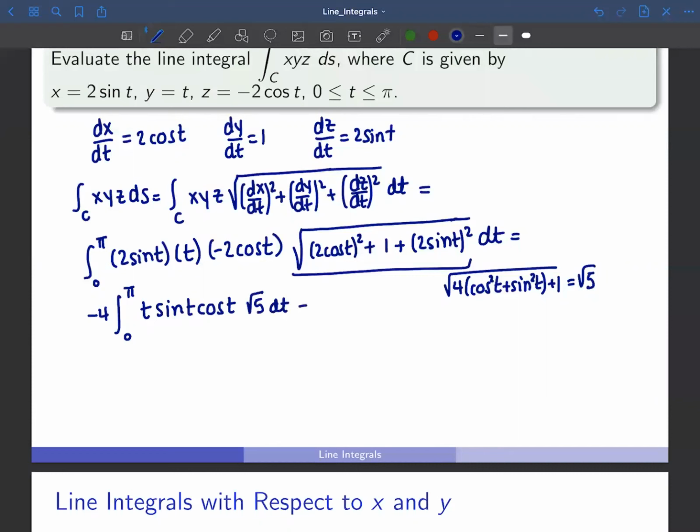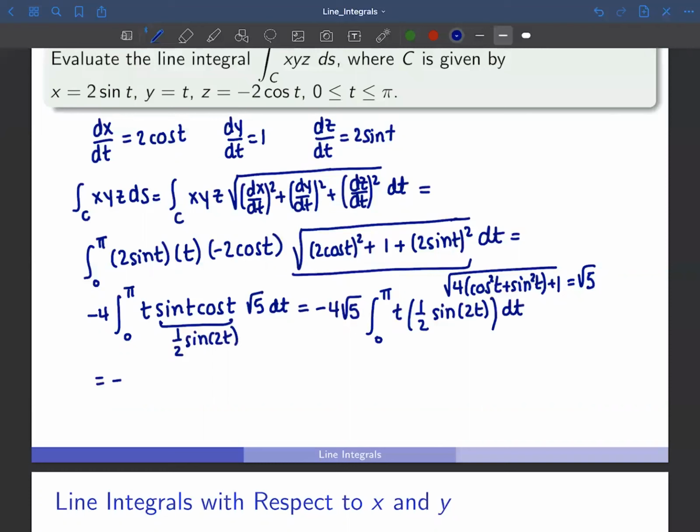So this is equal to negative 4 times the square root of 5, which we pull out of the integral, and we have the integral from 0 up to pi of t times sine t cosine t, which we can write as one half sine 2t, dt.